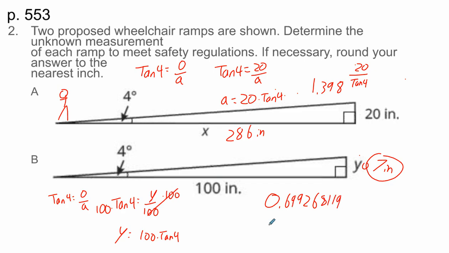If I rounded this to 0.7, then multiplied by 100, I still would get 7, but if it was a really big number, like 10,000, I'm going to change my final answer. So I always want to use the trig function tangent of 4 in the calculator, and it won't round off all this other stuff.